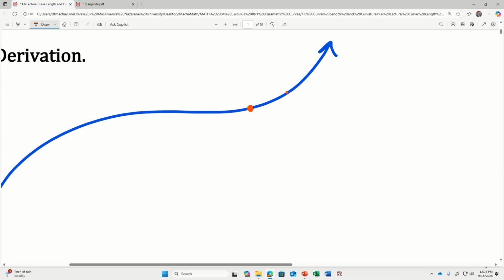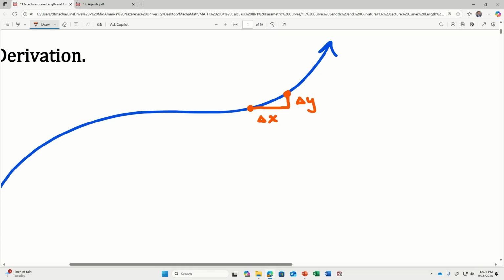If I take just a little segment, like between this point and this point, there is some horizontal change along my curve from here to here that I could call delta x. And there's a little vertical change along my curve in the segment, delta y.